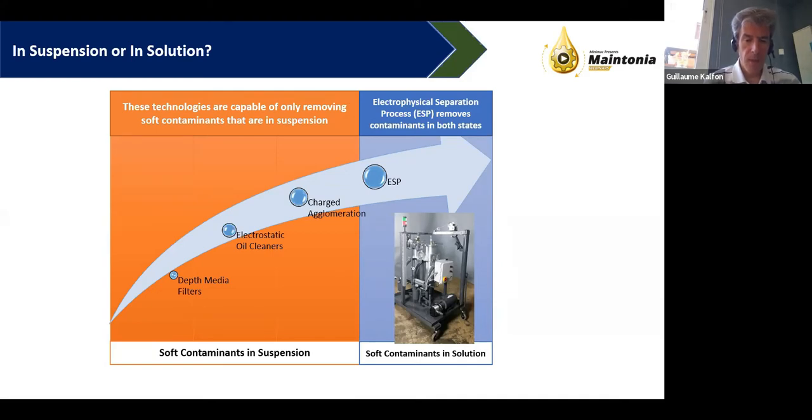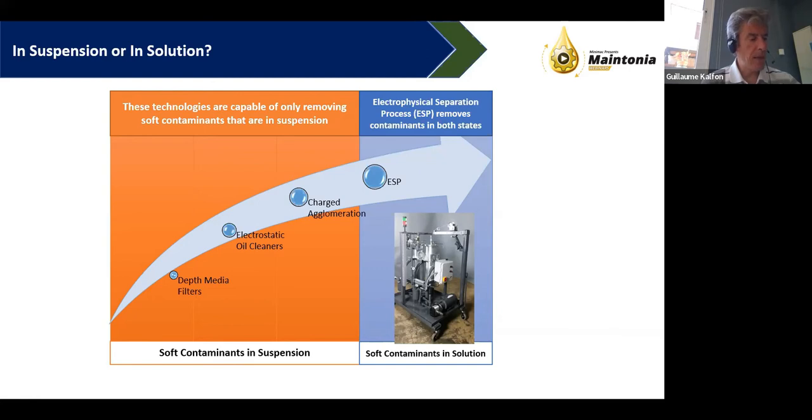But there is a problem. It will not be fully eliminated. And this varnish is a tricky bugger. It's not so easy. If you eliminate it all, you're fine. If you leave some behind, it has a way to regenerate itself, to keep degrading your oil, and to come back. So we want to eliminate everything.